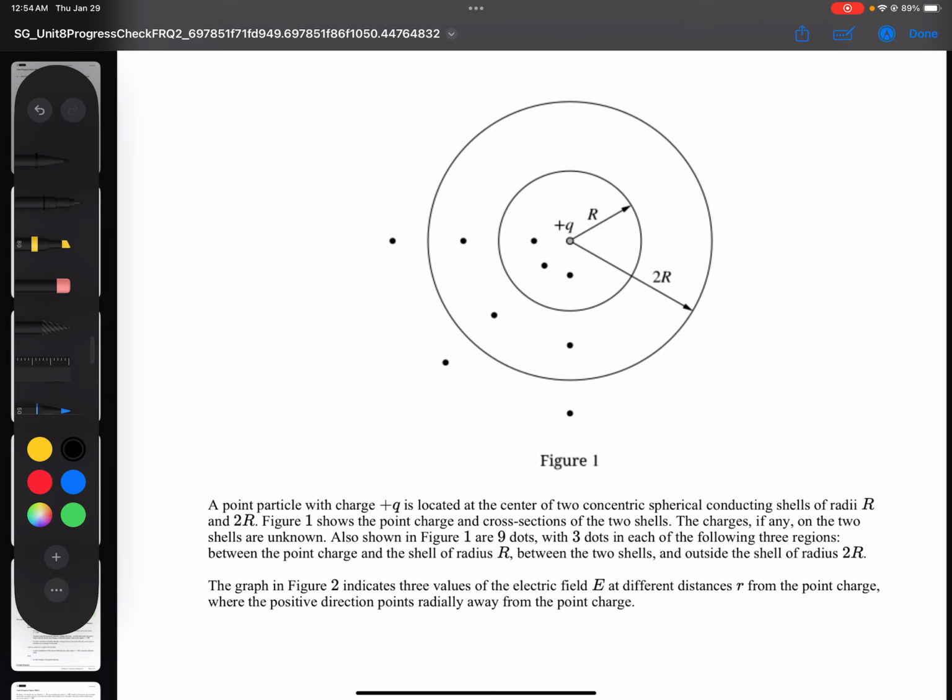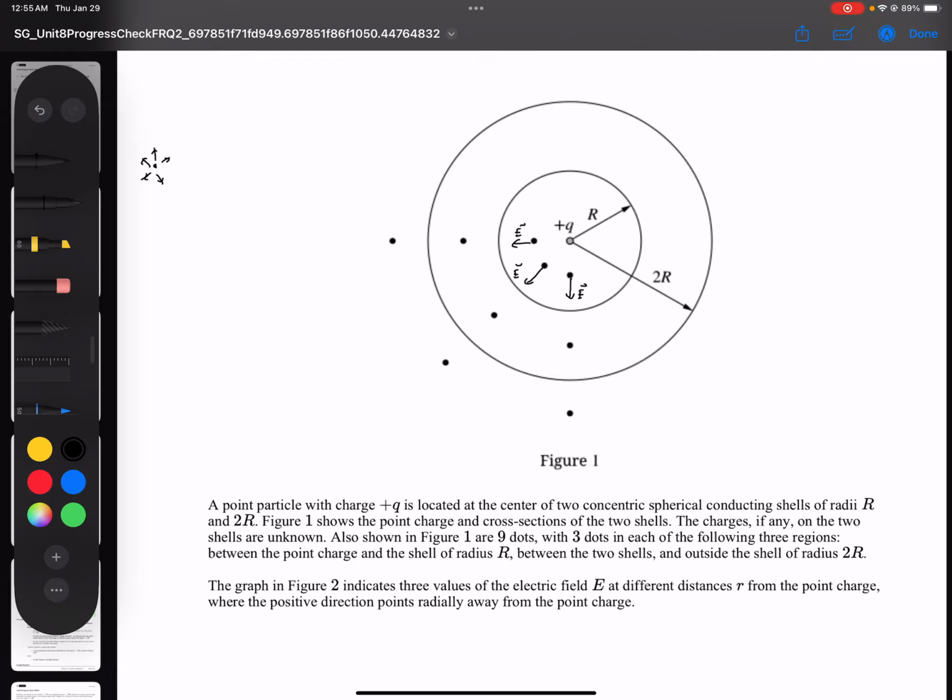A positive point charge in the middle emits electric field radially in all directions. So here I have some electric field over here, and some over here, and over here it's going to be pointing this direction.